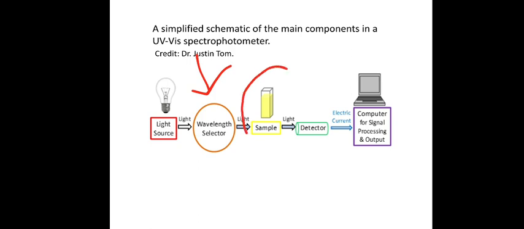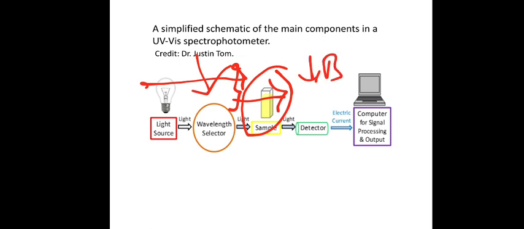Then there is a sample loader, a cuvette is used. When you select a wavelength of light, the light is going to be passed through that filter, and then only the selected wavelength of light will pass through the sample. Here, at the same time, you are going to use two things. One will be the sample itself of your interest. The next one, you will also use the blank.